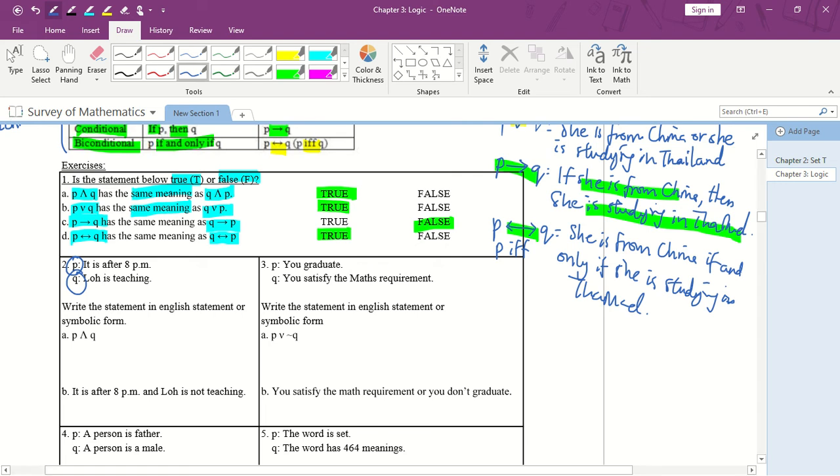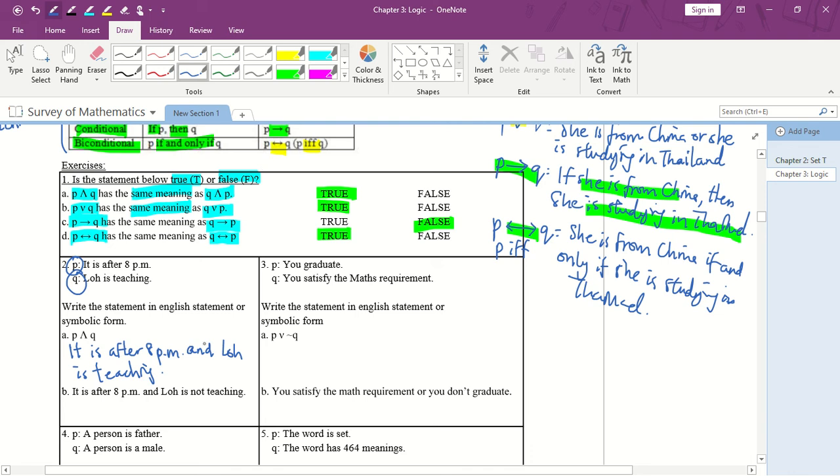Here, P and Q means that I need to write an English sentence. So it will be: it is after 8 p.m. and the symbolic sign is and. So: and Law is teaching. That's all. It's kind of easy, right?